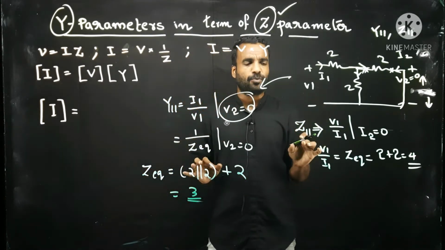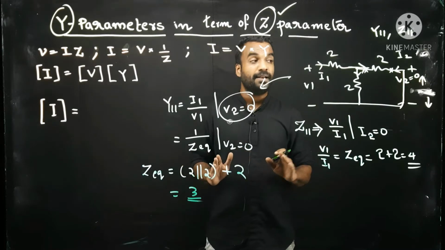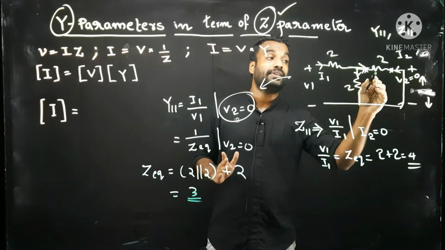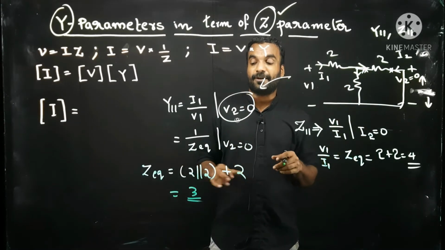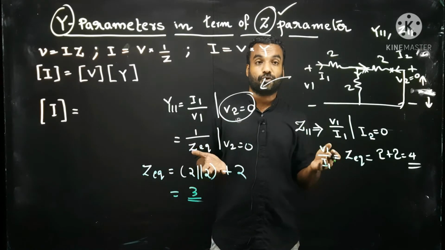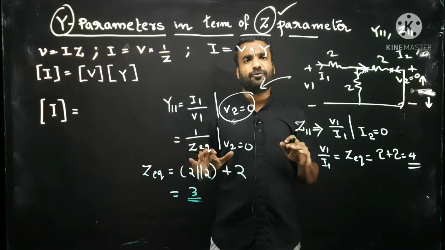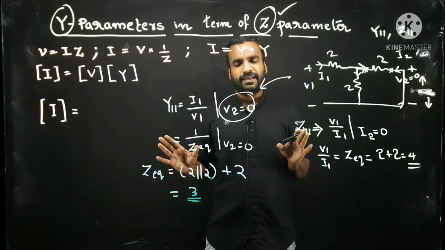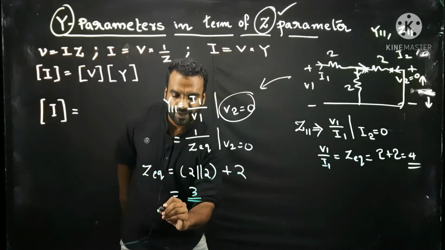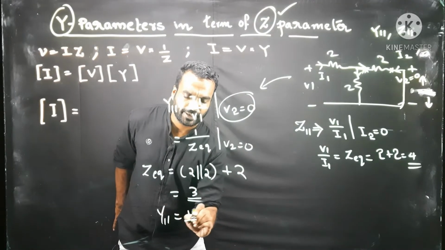As this is a simple problem, just one step is added. But if this is a complicated problem with capacitor, inductor, etc., this calculation will become more complex. Not only for Z11 and Y11, for all the parameters it is just like that. So what will be Y11? It is 1 by 3.